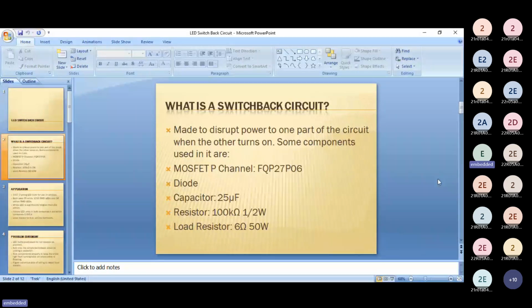Next, what is meant by a switchback circuit? In what cases or for what purpose we use these switchback circuits?